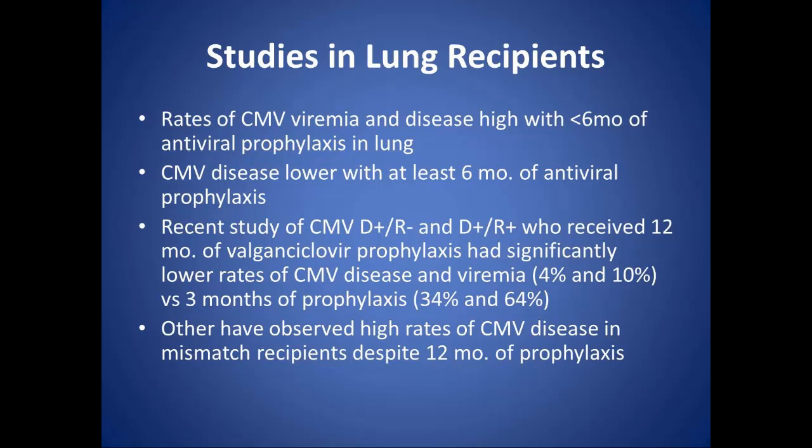They compared 12 months versus 3 months, and there was a much lower incidence of both CMV viremia and CMV disease. But in other studies, even despite 12 months in lung, they still didn't do as well. So you can see the data's kind of mixed, but it seems to favor longer therapy rather than shorter in lung transplants.